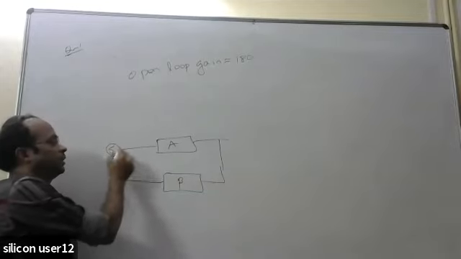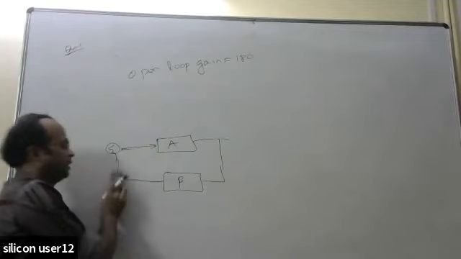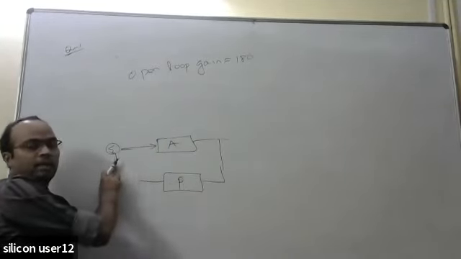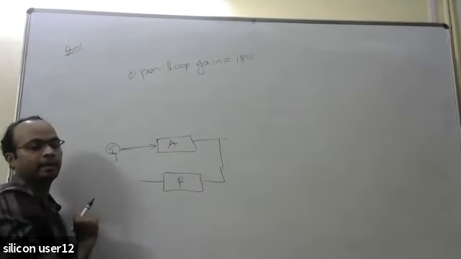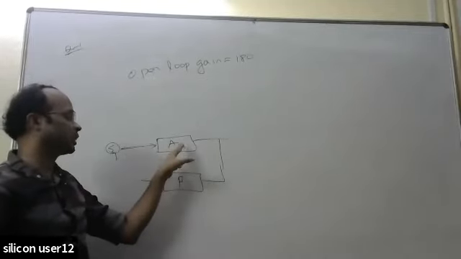Here the summation was happening, right? So when this was disconnected or the feedback is not given, this gain is called the open loop gain. So if it is given open loop gain equal to 180, that means A equals 180.